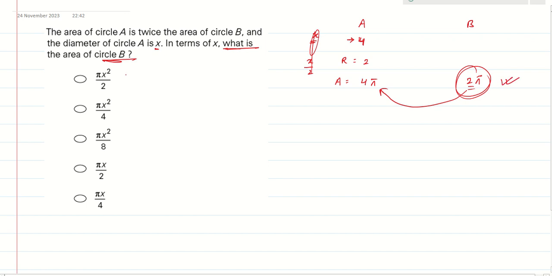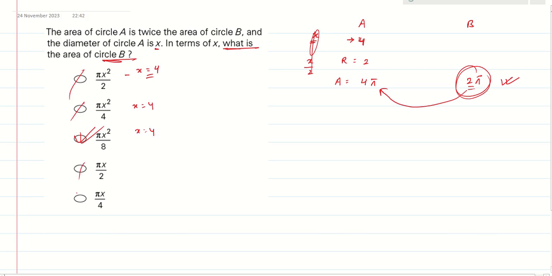So now plug in x equals 4, what we assumed everywhere. Will you get 2 pi? Yes.